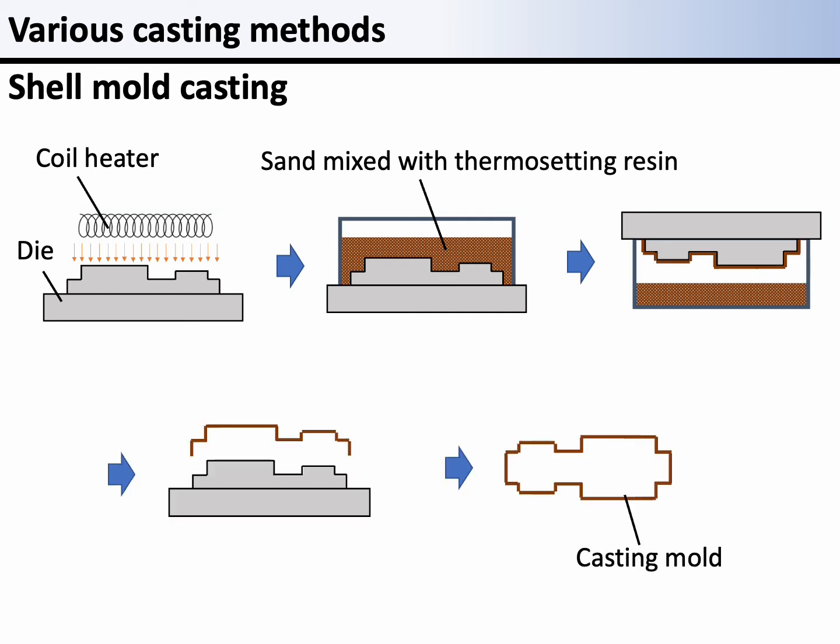The two molds are closed like a shell to create a cavity, and the molten metal is poured into the cavity. Products made by shell mold casting have a smoother casting surface and higher dimensional accuracy. However, the heating process of the die is not suitable for casting larger products.